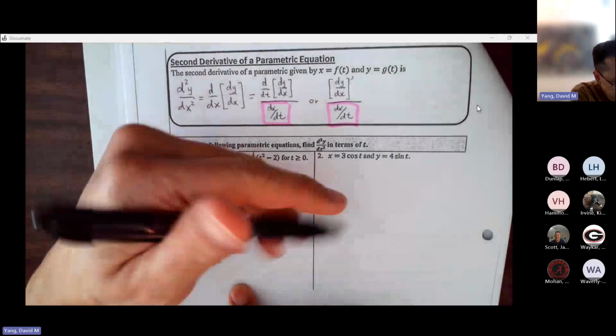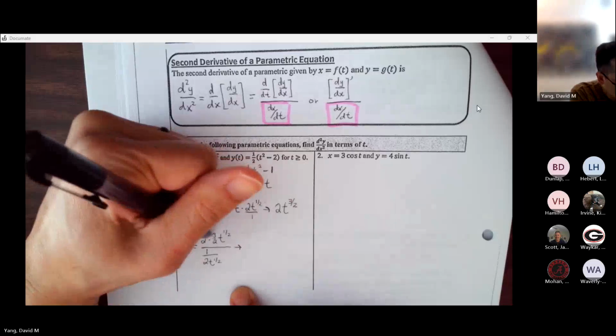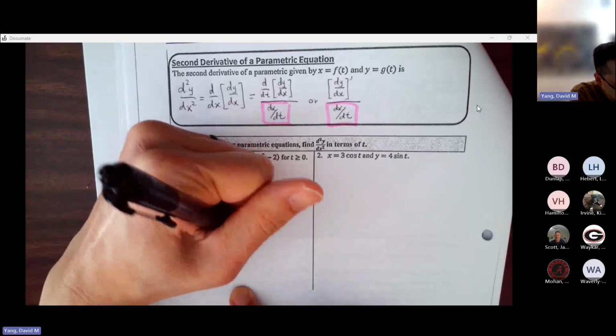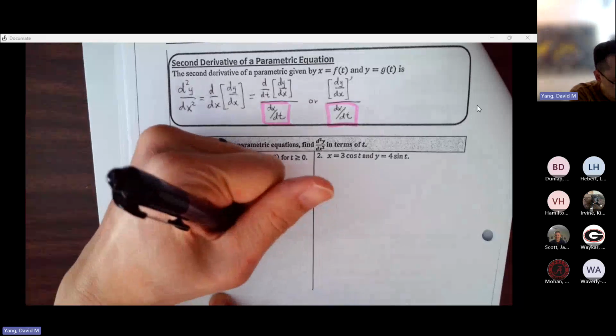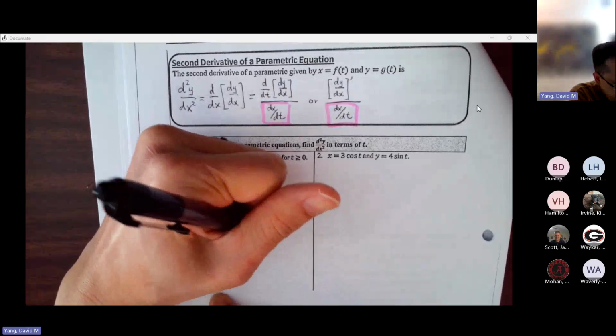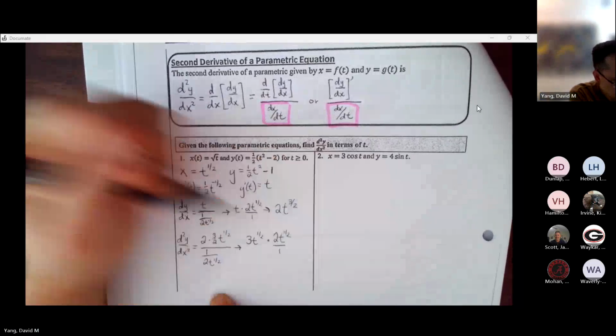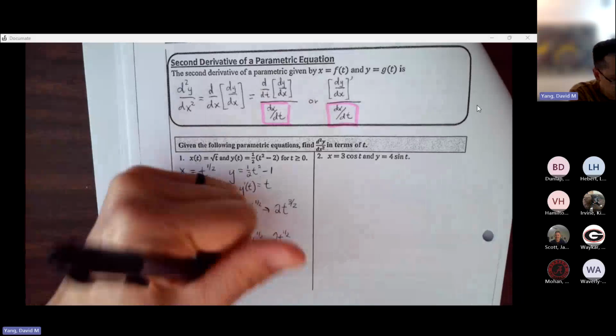Okay, clean this up. This becomes 3t to the 1/2, divided by this fraction, which is the same thing as multiplying by the reciprocal. And that gives us 6t.